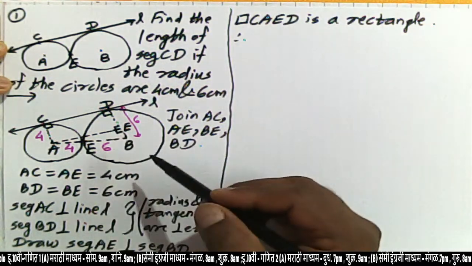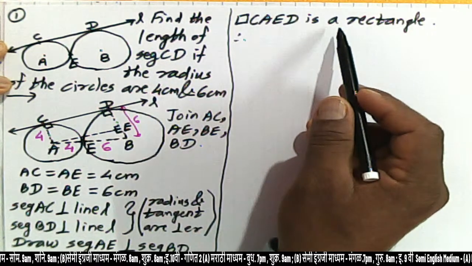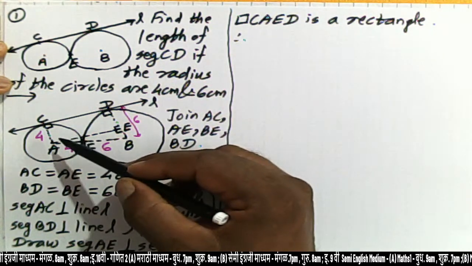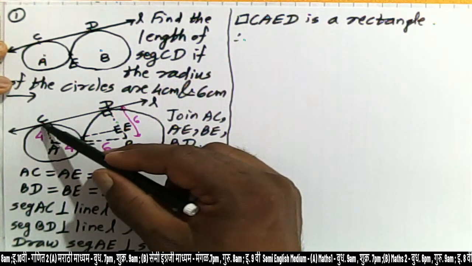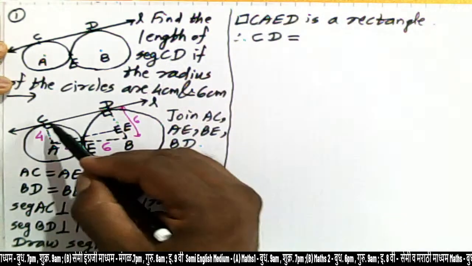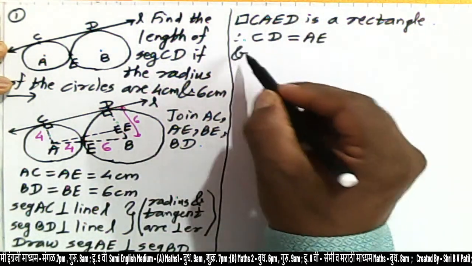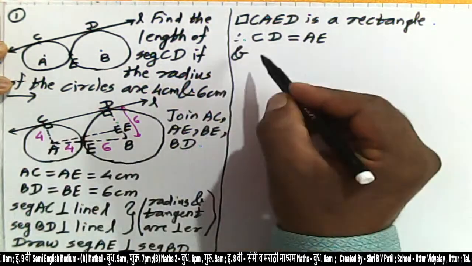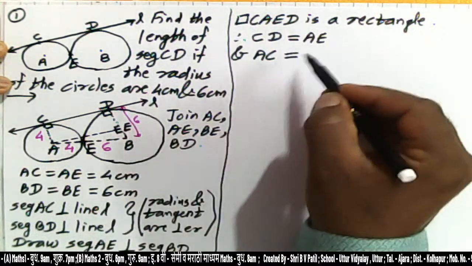Therefore, we can say that opposite sides of a rectangle are congruent. Yes, good answer given here. Which are the opposite sides congruent? That is CD congruent with segment AE, and segment AC congruent with segment ED.